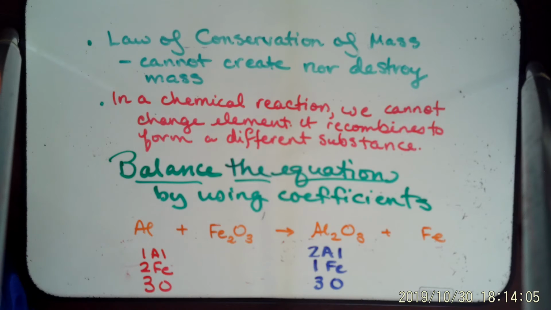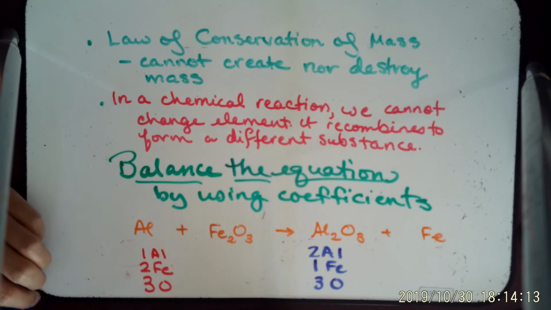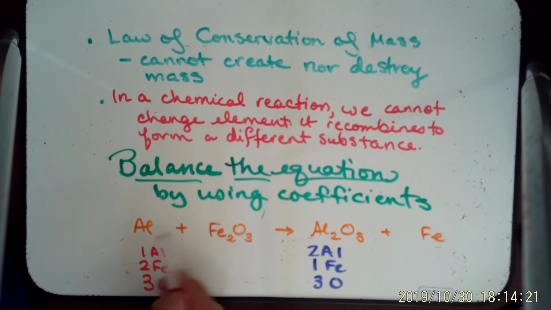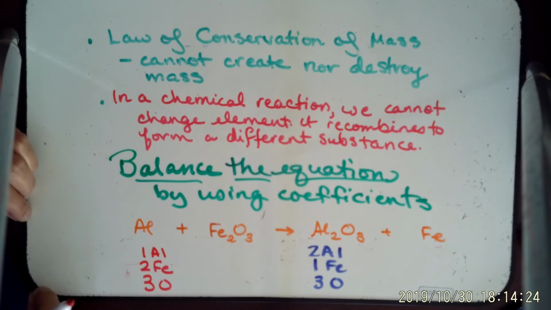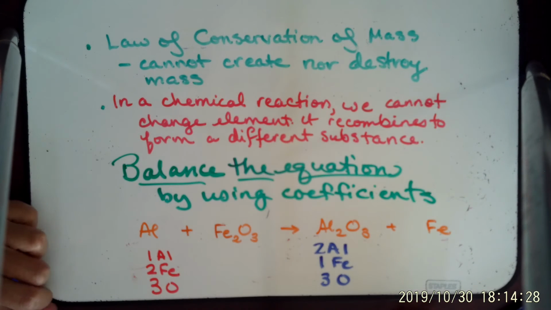So I'm not going to do anything with my oxygen. Those are fine. So what I'm going to do is, you're going to try to leave your elements for last. Now why is that? Because they're standalone, so if I change the coefficient here, I don't have to worry about changing more coefficients. So we usually work from the most complex to the least complex.